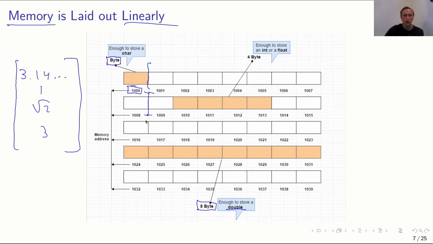Then use 1009 up to 1016 for number 1, 1017 up to 1024 for the square root of 2, and 1025 up to 1032 for the value of 3. So in this way, arrays are stored basically as arrays in memory as well, where each value is assigned a certain block and then a bunch of blocks in a row can be used to store a one-dimensional array.